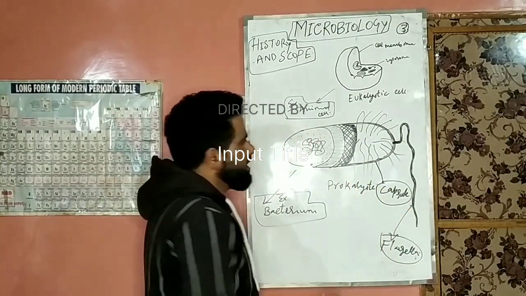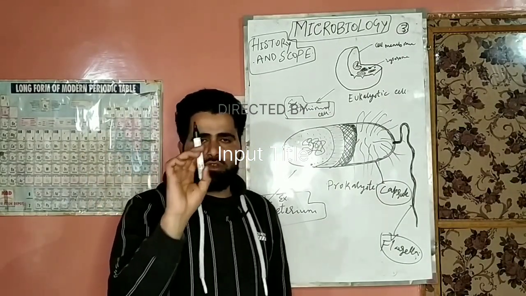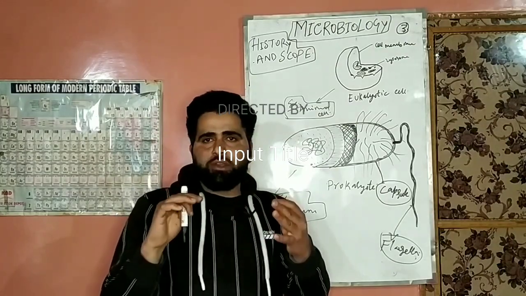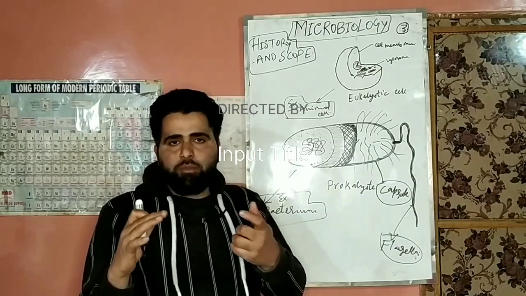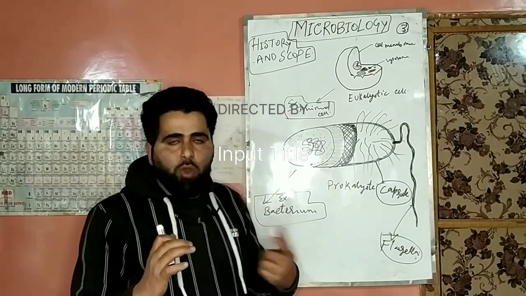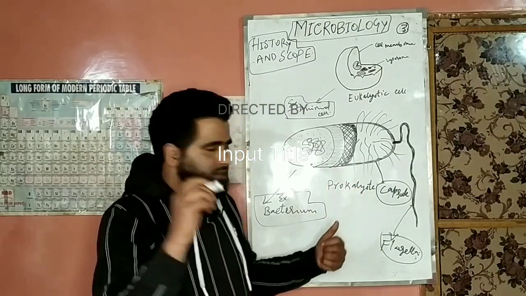What is the function of the capsule? Its function is only in adverse conditions, like dormancy or adverse environmental conditions. It helps this bacterium to go dormant or to survive as spores. It is just an example.